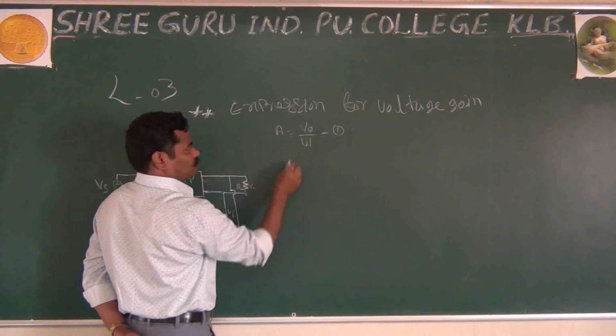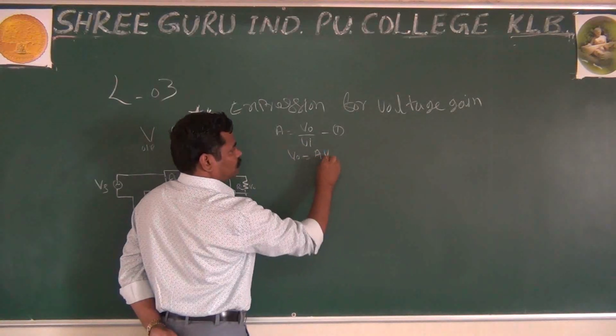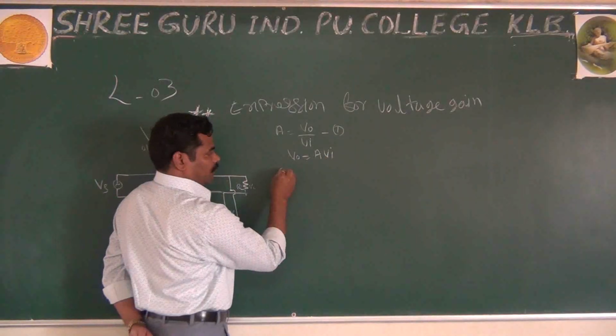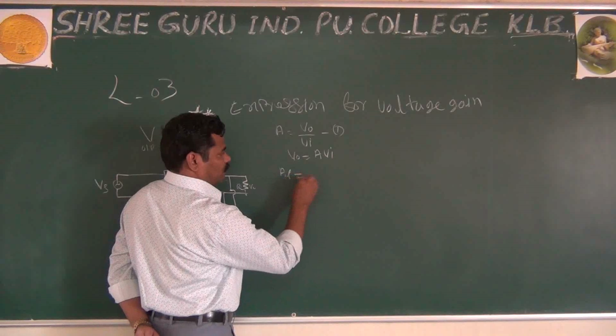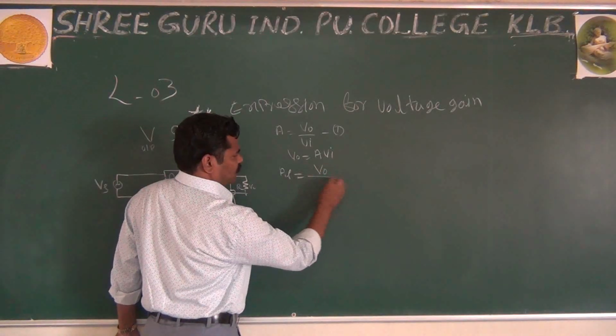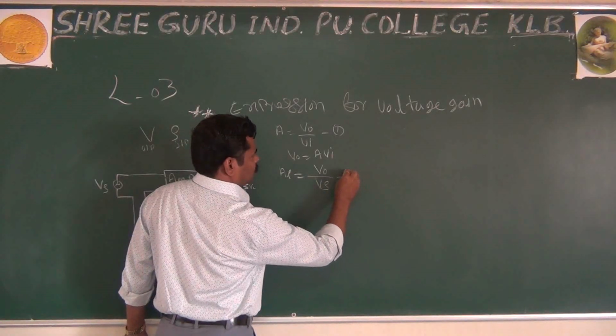You can also write V0 equal to A into Vi. Then the gain with feedback, AF equal to V0 by Vs. That is equation number 2.